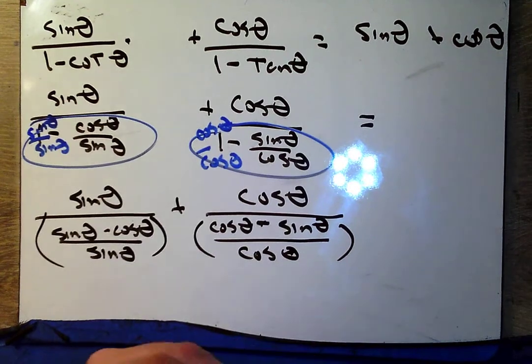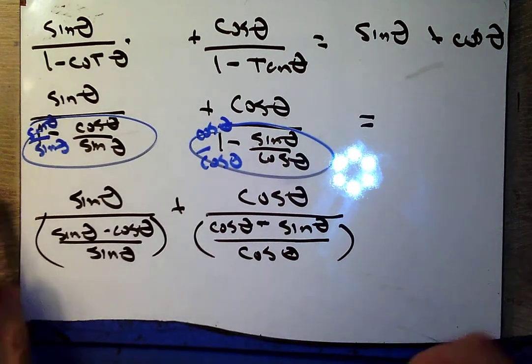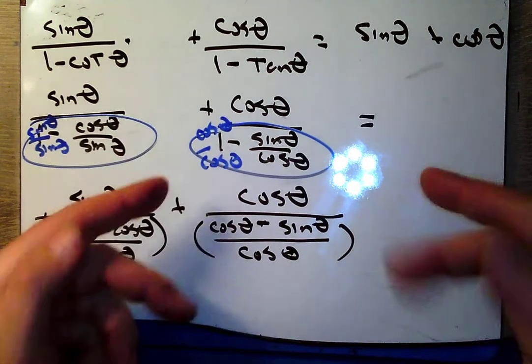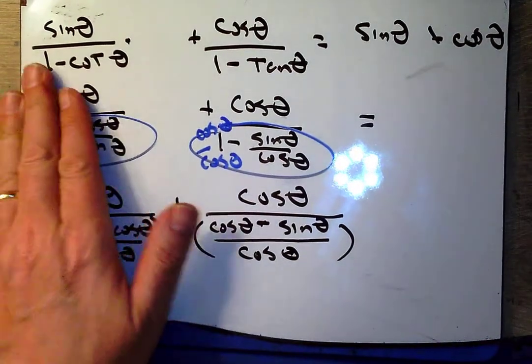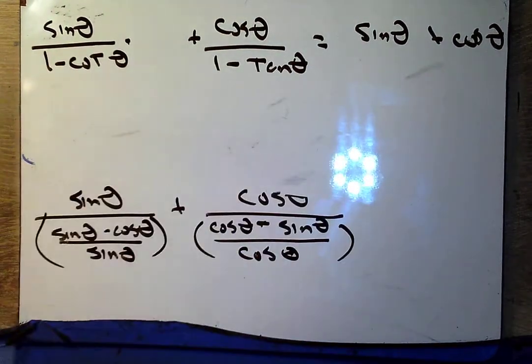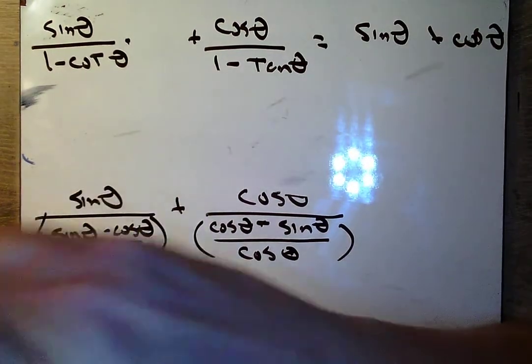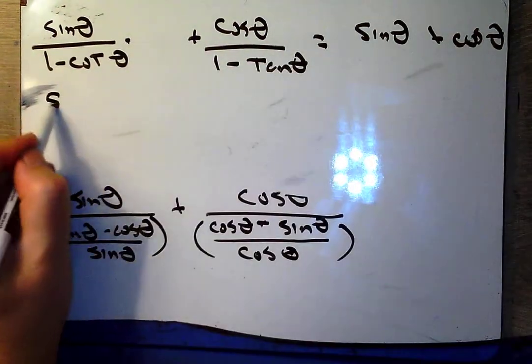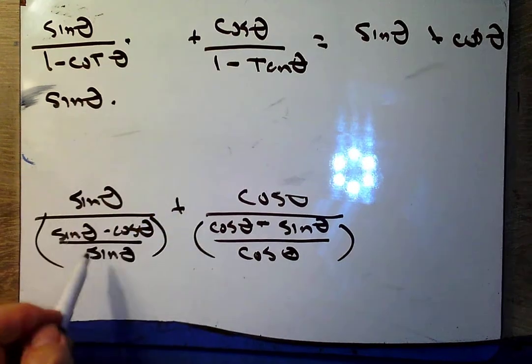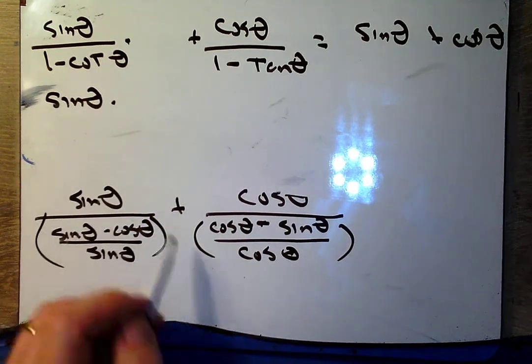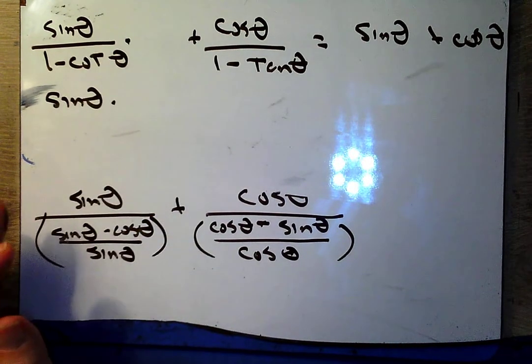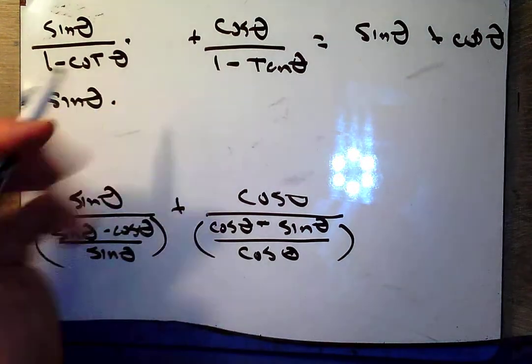All right, now what? Well, with complex fractions, I'm going to do that flip and multiply. So that'll take us to sine theta times flip. Many people do the multiply and forget to flip. We need to flip this.